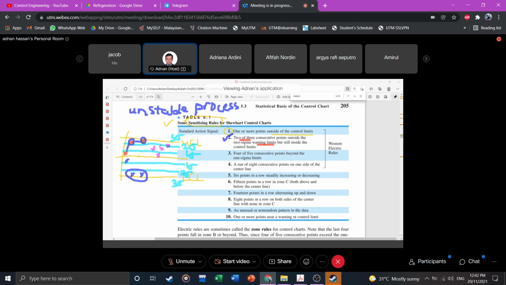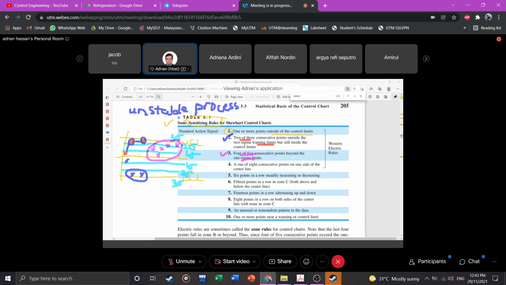Already 1, 2, 3, 4. This one not yet, because you need 4 of 5 beyond 1 sigma. So beyond now is only 3. If you get one more out of 5 points here, 1, 2, 3, 4, the process is also unstable.